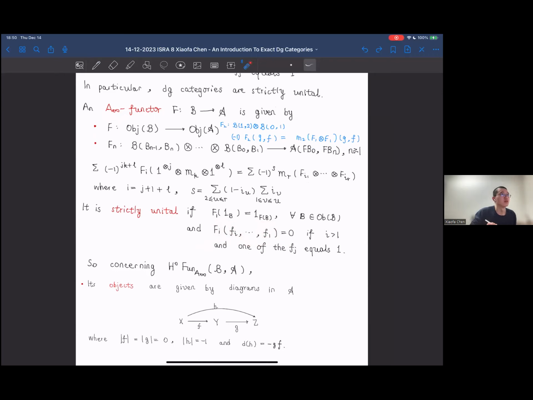So this will simplify our computation in this equation.